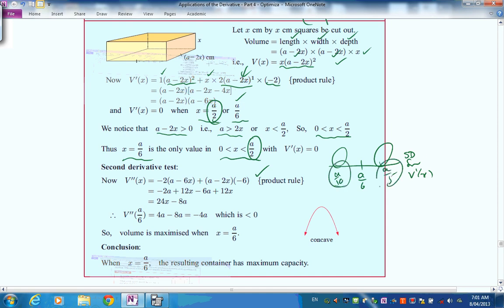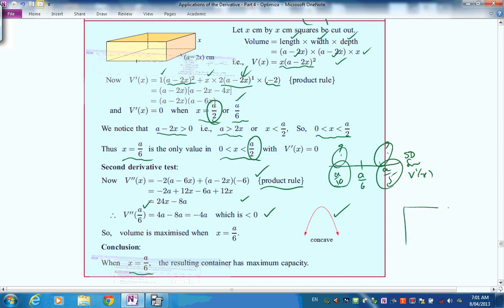It's hard to work with those to work out the signs here. So it's easier to get the second derivative, which is the product rule again, and then sub in A on 6. Because it's less than 0, we say it's a local maximum. So the answer is when the depth of the box is A on 6, or a sixth of the original length of the box.